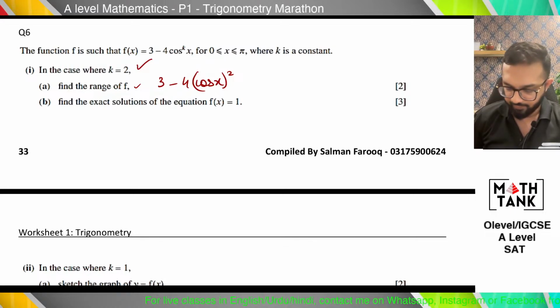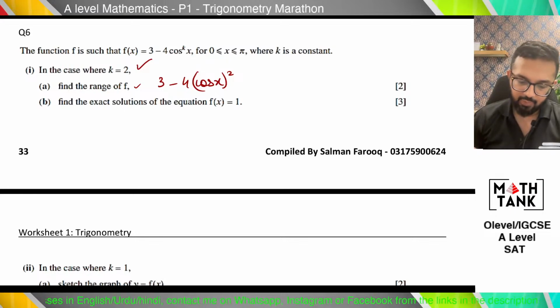So I want to go from 3 minus 4 cos x squared. Yep, it's giving me my correct answer.